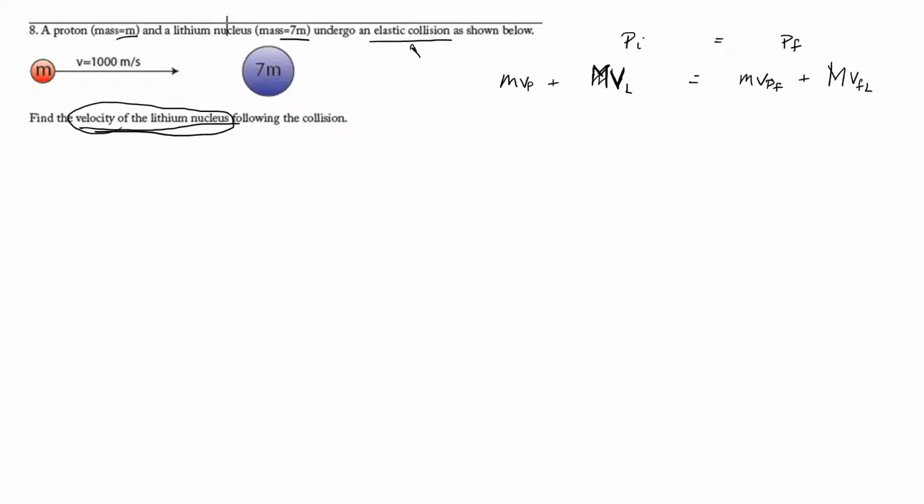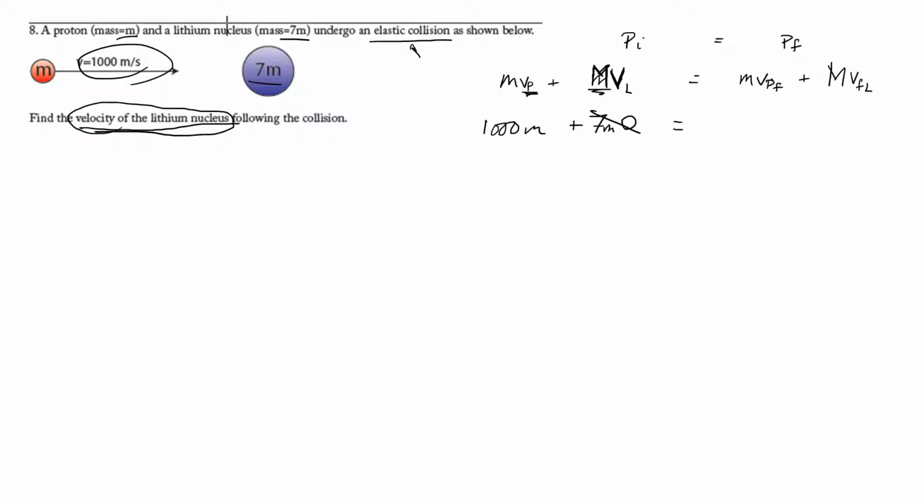Okay, let's plug in. The m is an m. The first velocity is 1,000, so I got 1,000 m plus 7m for this big M, times VL. The initial velocity of the lithium is actually 0, so this whole thing goes away.